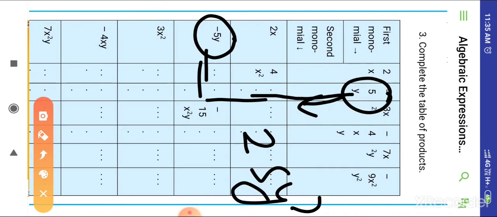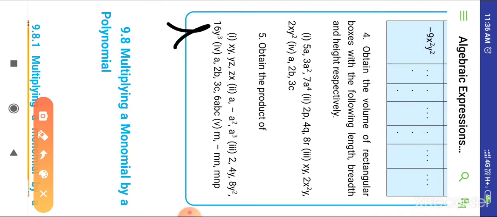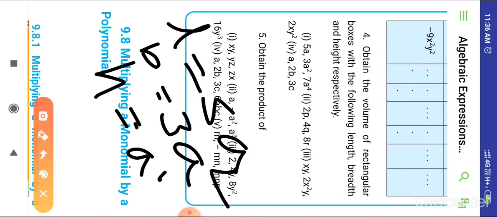Move to the next question. Third question is estimate what part of the figure is colored and hence find the percent which is colored. So in the first figure, you can see here that only one part out of 4 parts is colored.